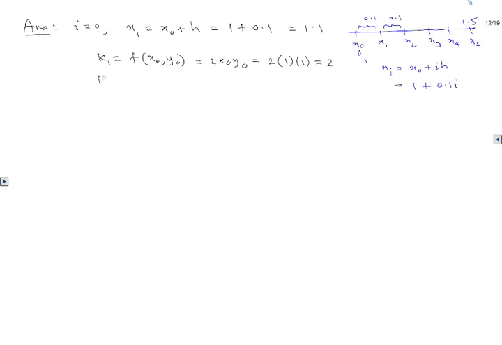Now calculate k2. What is k2? It is f with the formula x0 plus 1/2 h, which is 0.1, comma y0 plus 1/2 h times k1, which is 2, coming from the previous step.